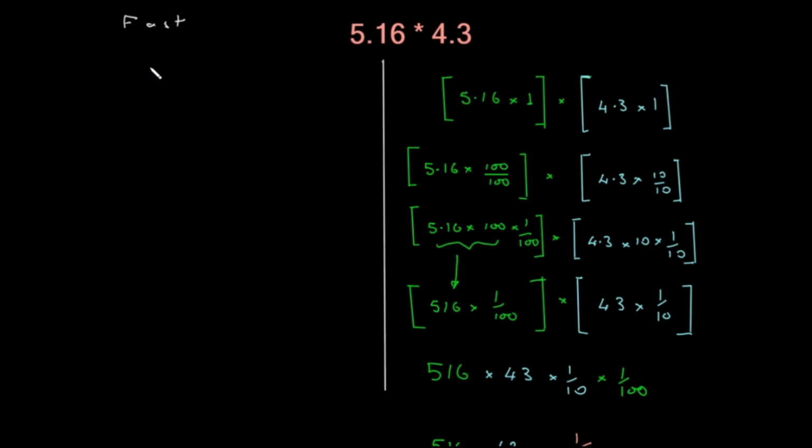Alright, now we actually do the calculation. Now you understand what we've done in our preparation, we can actually apply it. We have 516, I've removed the decimal point, multiplied by 43, I've removed the decimal point.